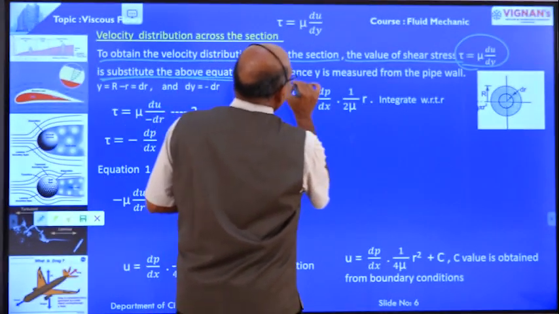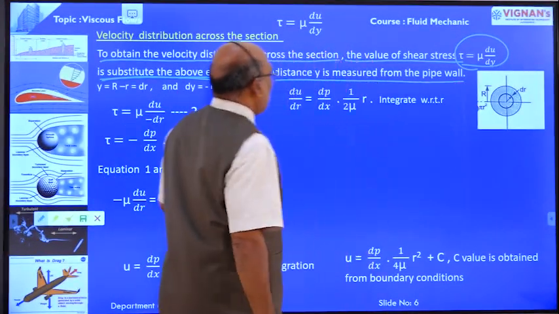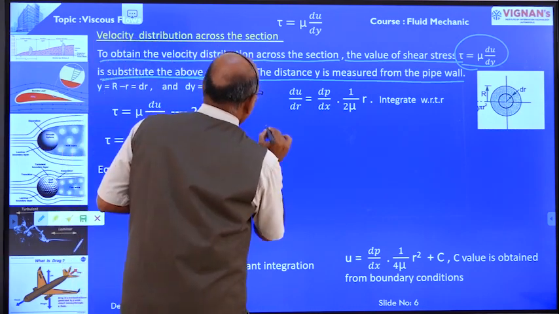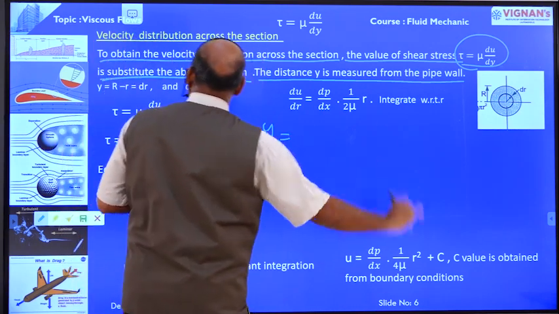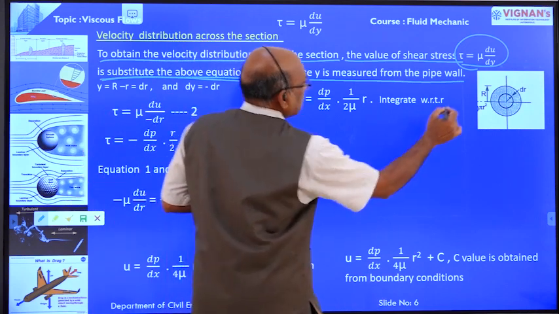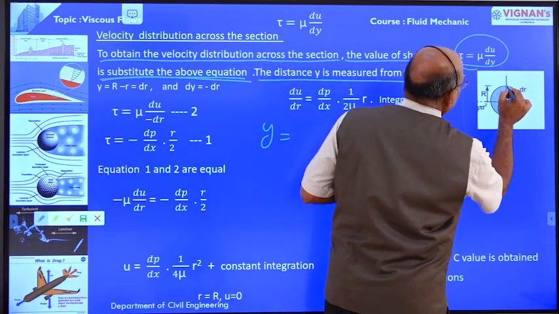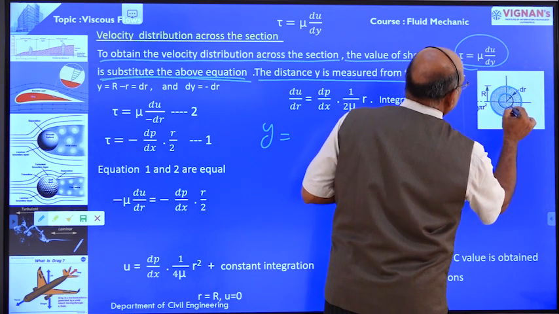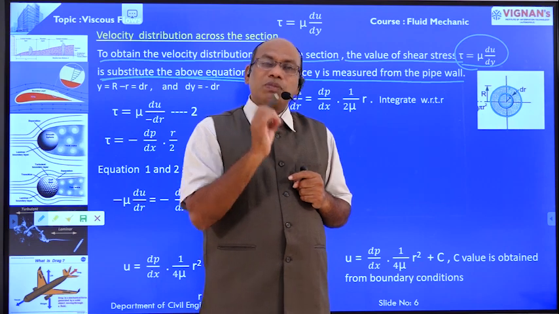Here is one more point we are going to discuss. Y is nothing but the distance between the two layers, the outer strip and the inner strip of the pipe.